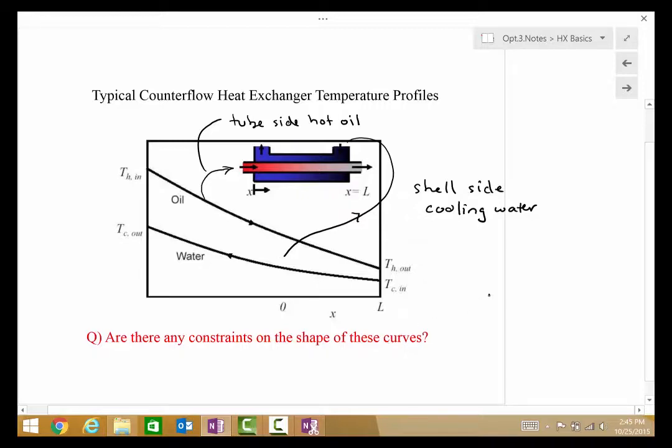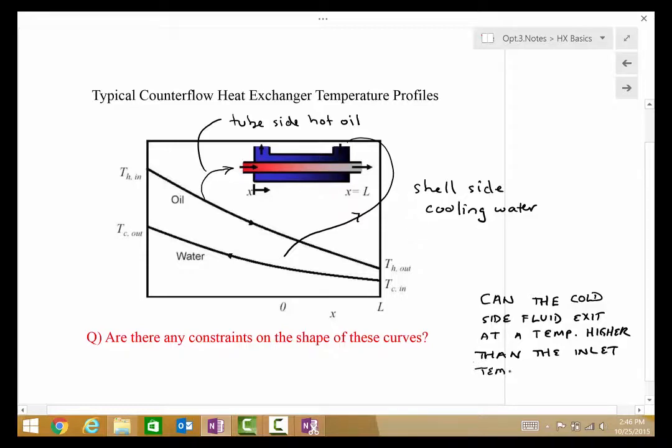So questions might be, can the cold side fluid exit at a temperature higher than the inlet temperature of the hot fluid? So that is a crossing issue. Can the temperature distributions cross?